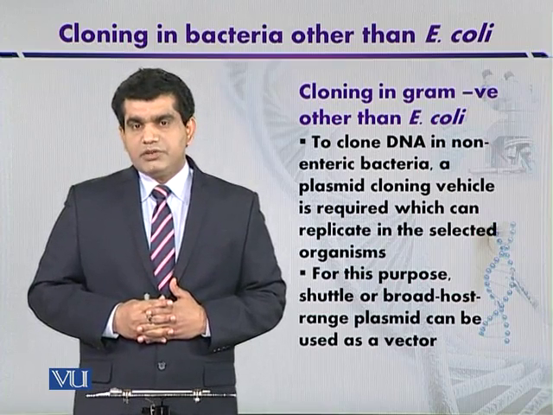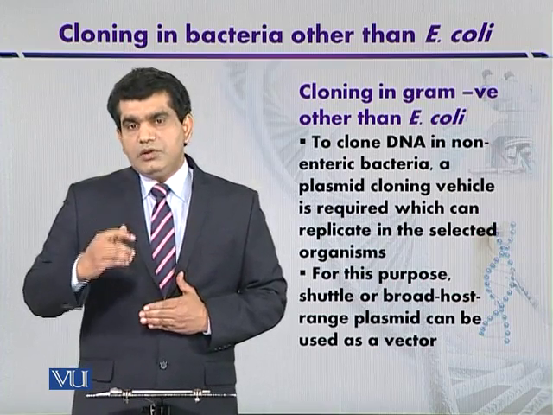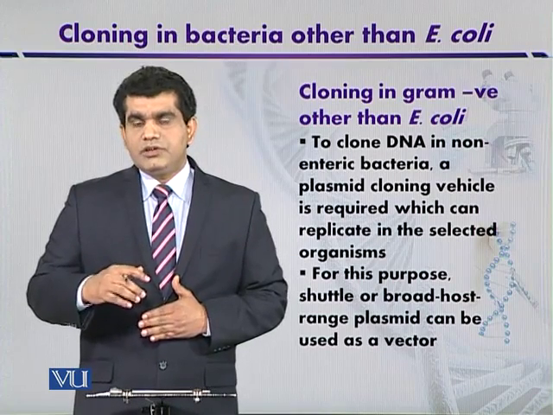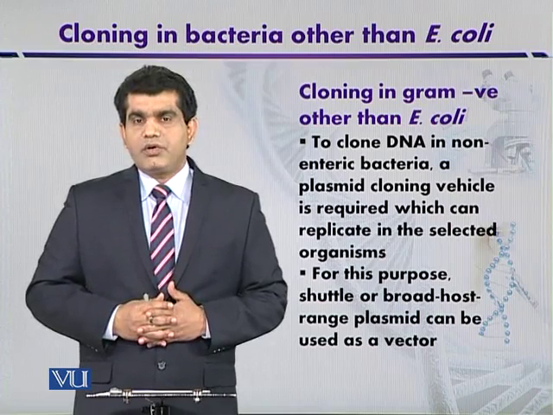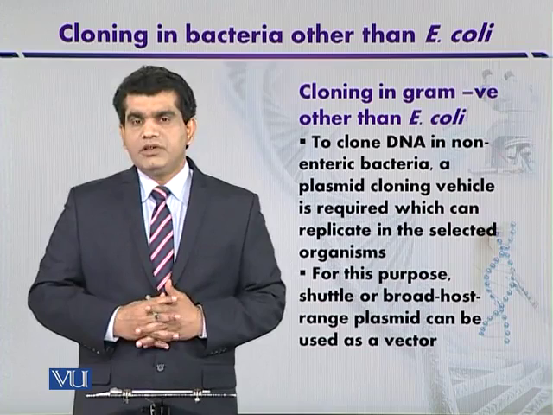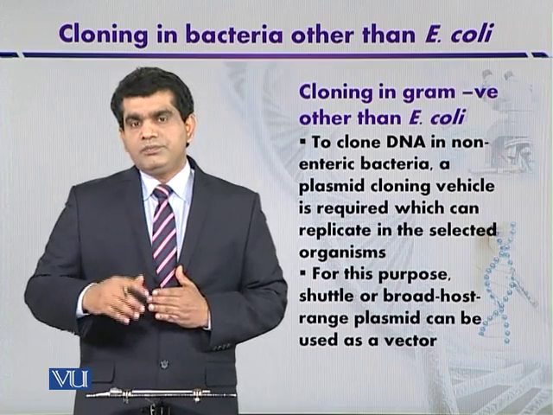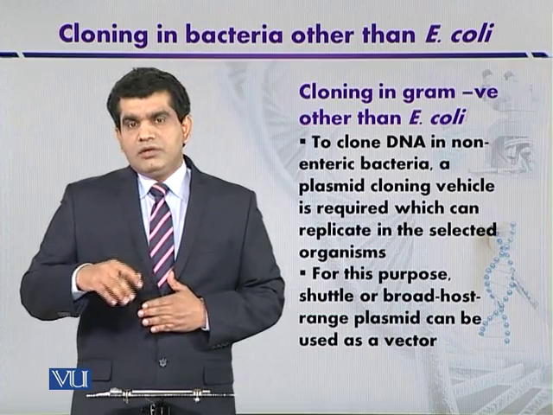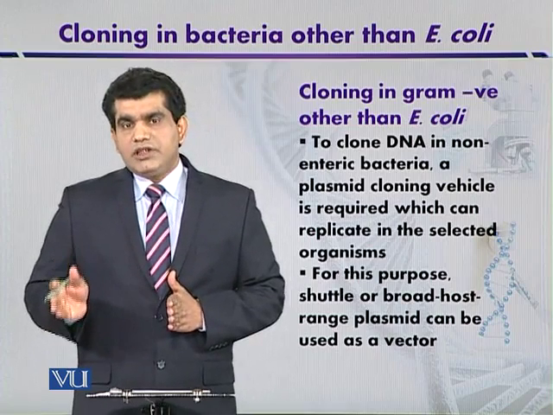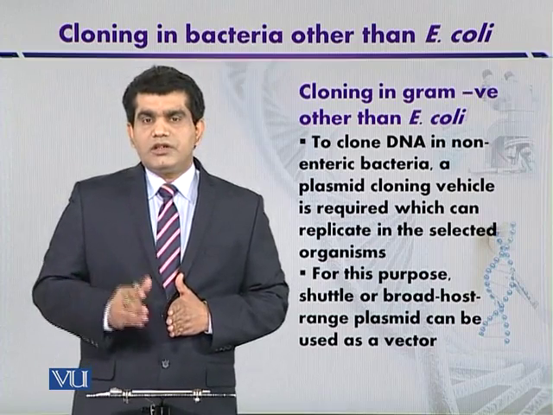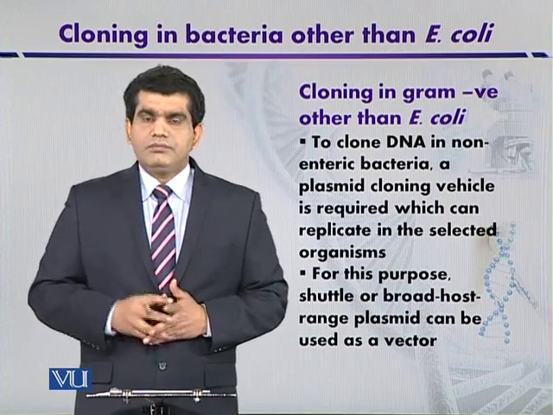So for this purpose, we have to use E. coli as an intermediate host by using a shuttle vector or a broad host range plasmid. So such vectors must be there. First, such vectors may be replicated within E. coli, and then such recombinant molecules can be used to insert into other gram-negative microbes.